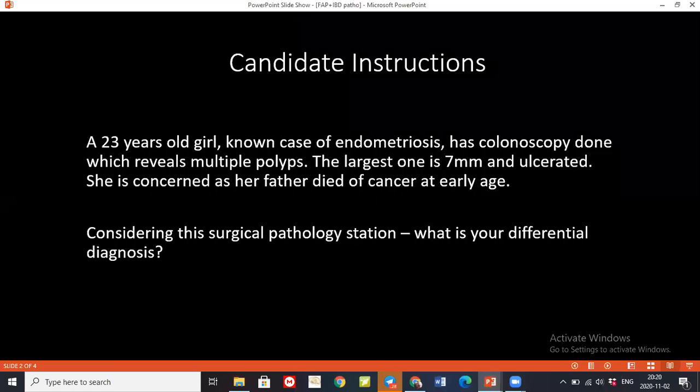with subsequent intestinal obstruction. What are the risk factors to develop carcinoma of the colon?